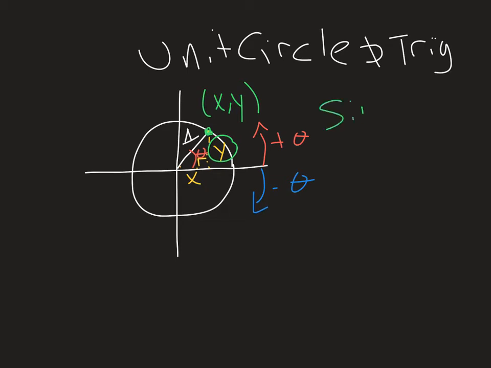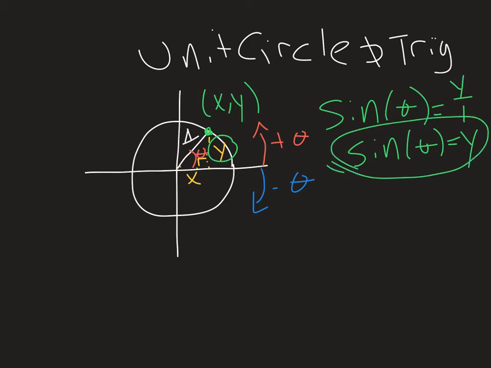So sine of theta is going to equal y, the opposite, over the hypotenuse, which is 1, which means that whatever sine of theta is, that's your y coordinate. That would be a main takeaway for this section. I'm looking at the height, so if I'm looking for the sine of theta, all I have to do is calculate the height of that triangle.